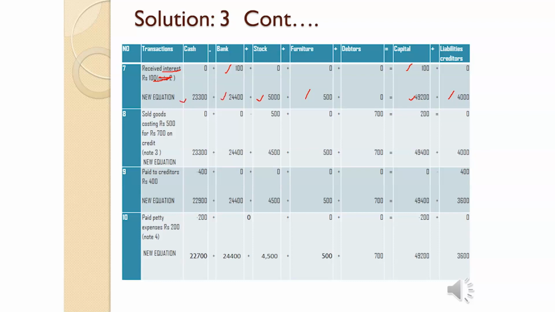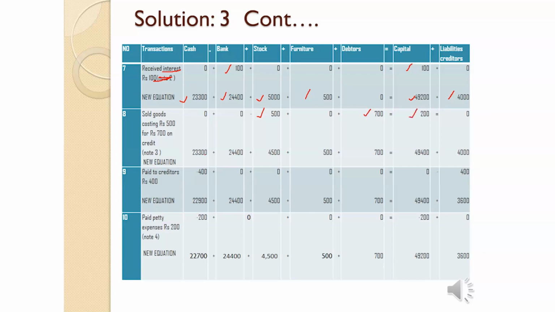Next transaction is sold goods costing rupees 500 for rupees 700 on credit. So 500 is the value of stock, and 200 is the profit, since 700 is the selling price, that is recorded under the debtors column. 700 minus 500, 200 is the profit.